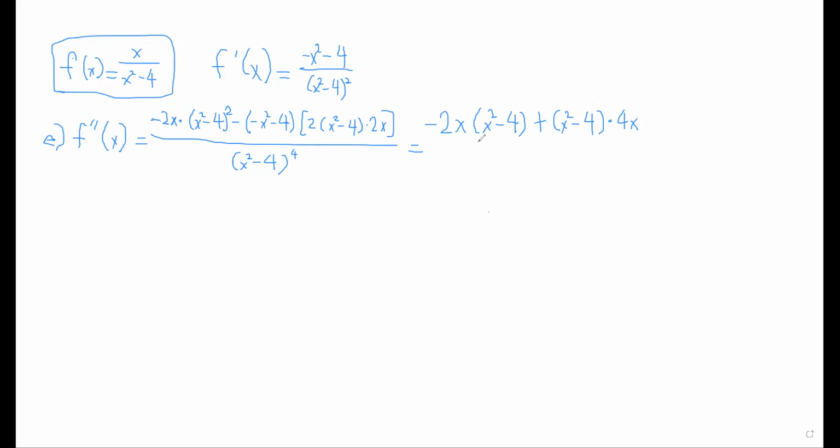I already factored. Sorry, wait, did I make a mistake somewhere? Sorry, it's x squared plus 4. Yeah, okay, because this was canceled. And that's all divided by x squared minus 4 to the power of 3.